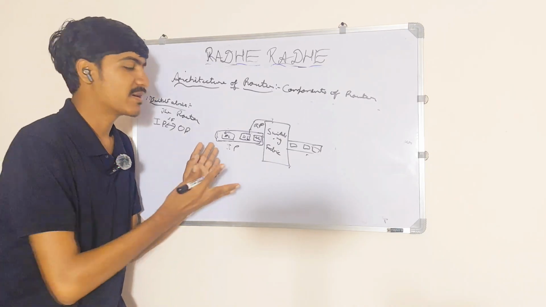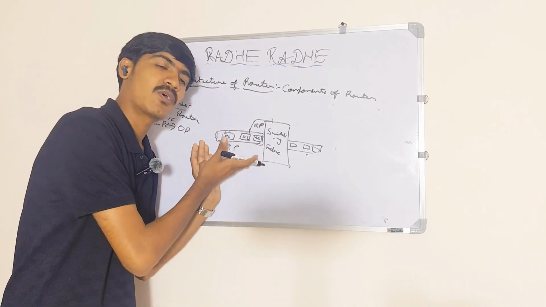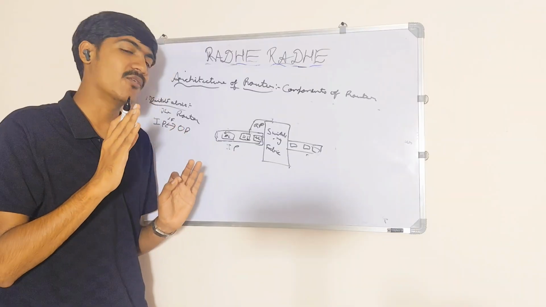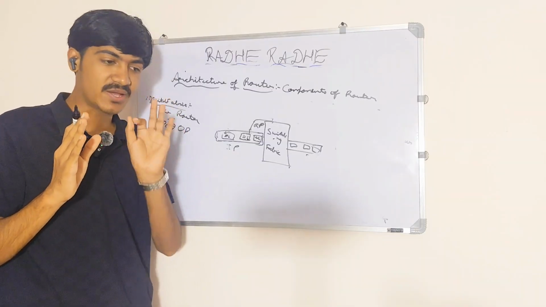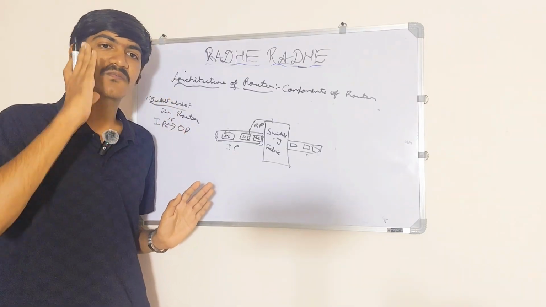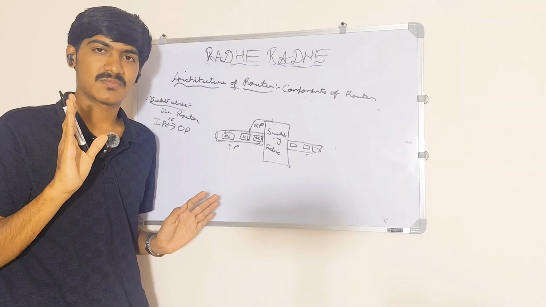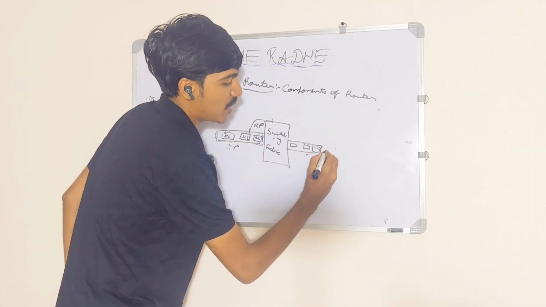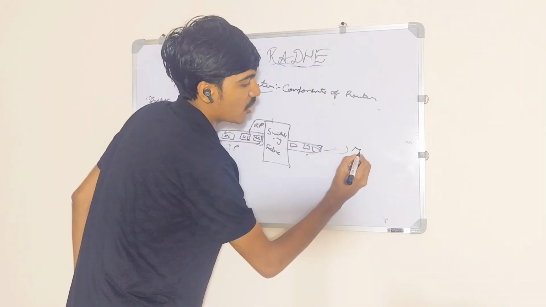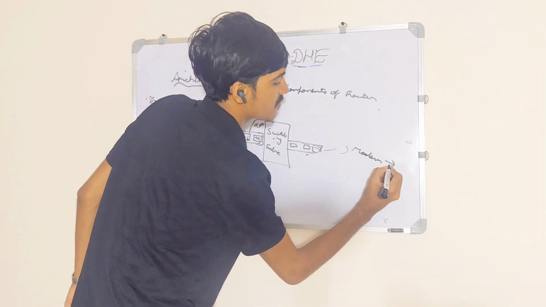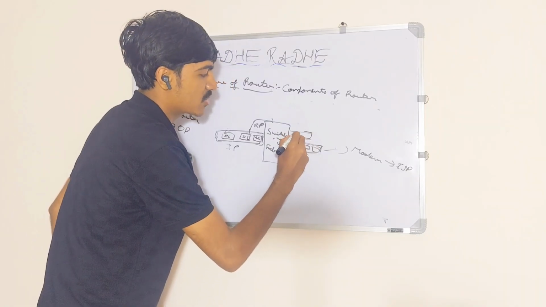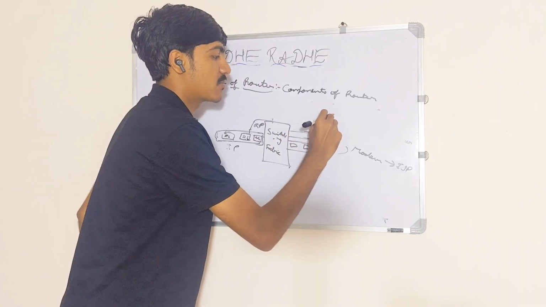In this diagram I have drawn only one input port and one output port, but basic routers generally have more than 4 input and output ports. Now suppose this output port is for the modem, which provides internet through the ISP. Suppose we have another output port which is going to another router.